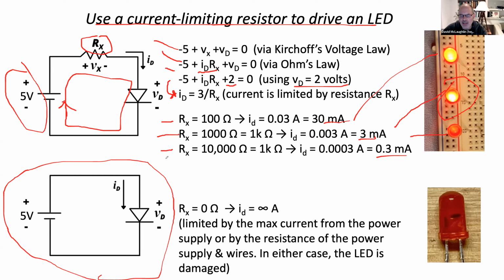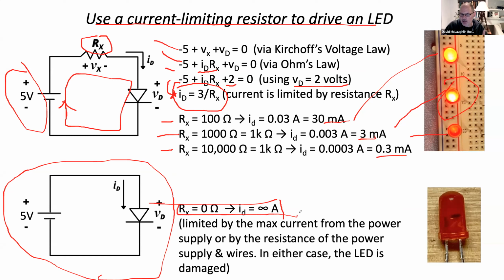The way to analyze that circuit would be to take the previous circuit and let R go to 0. We had that the current was 3 divided by the resistance. If you take the limit as R goes to 0, I goes to infinity. So if you hook it up without any resistance, theoretically you'd have infinite current. Now, power supplies cannot deliver infinite current. No power supply can.